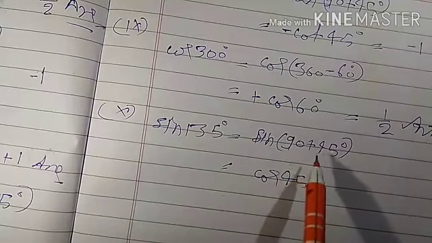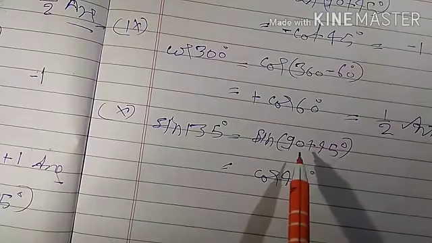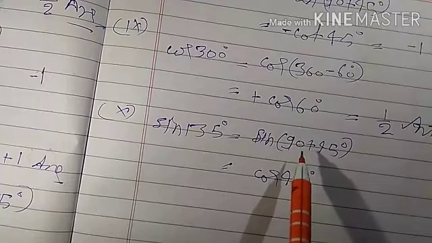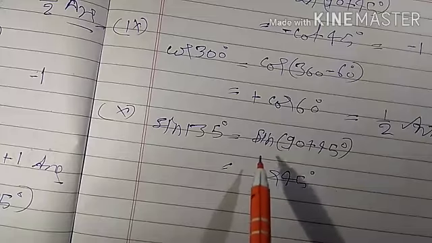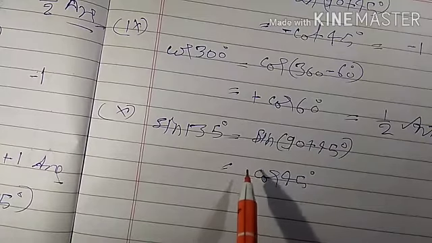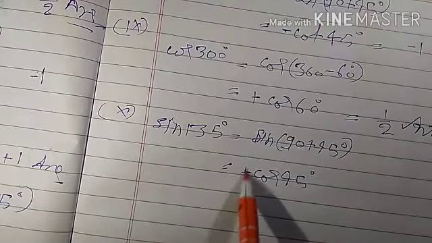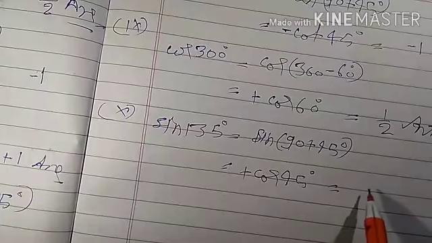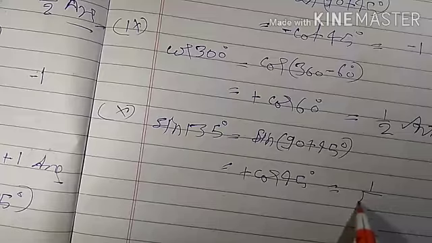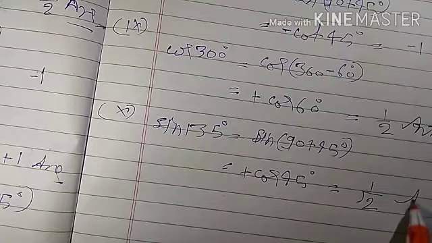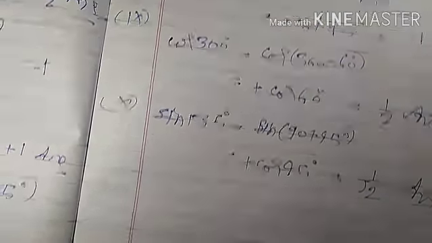For 90 plus 45 degree, the angle is in the second quadrant. In the second quadrant only sin theta and cosec theta are positive, so sin theta is positive. So the value of cos 45 degree is equal to 1 by square root 2, which is the right answer.